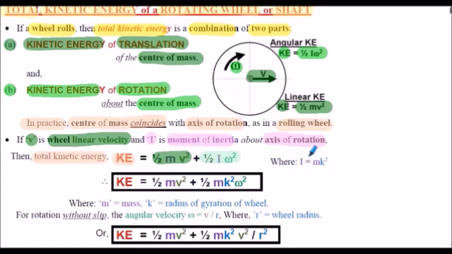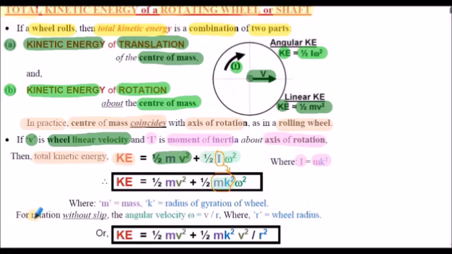Again, remember from our previous presentation, moment of inertia I is equal to mk squared. That's mass multiplied by the radius of gyration squared. All that's happened on the next line is it replaced the I with the mk squared here.